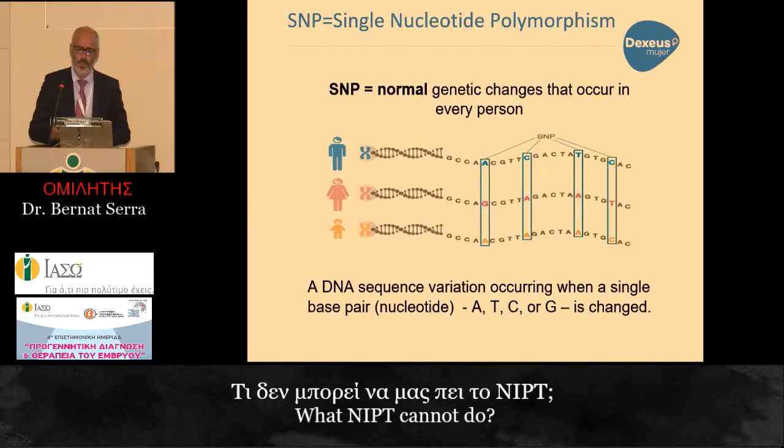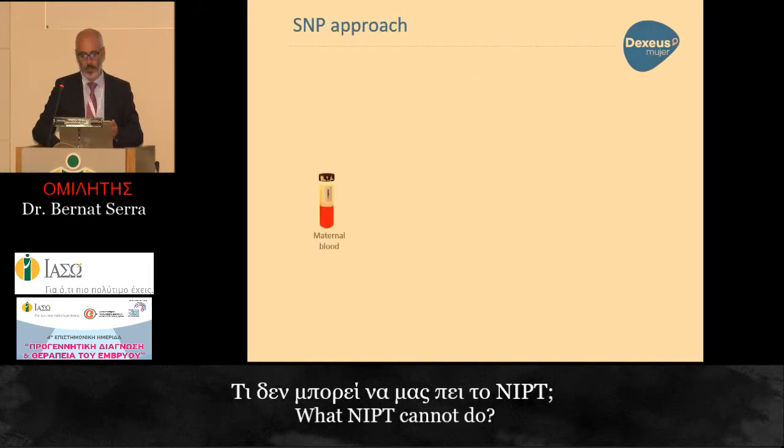On the other hand, the single nucleotide polymorphism approach looks for sequence variations occurring when a single base pair is changed, and from the Genome Project we know exactly where all SNPs are located in the genome, and if these are changed, we have fingerprints of every person.